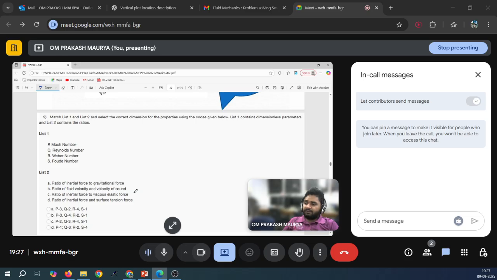Very easy one. I think your open channel flow is not covered yet, so just for your simplification, I want to give you an idea. The Froude number is the ratio of inertial force divided by gravitational force.